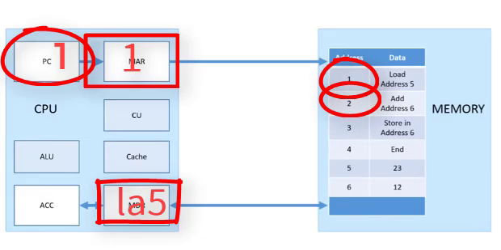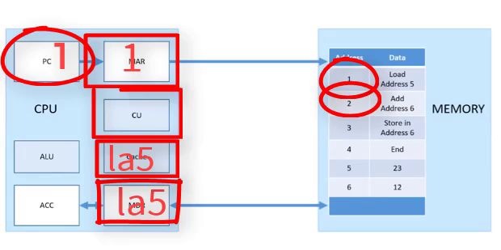Now a copy of what was loaded into the CPU is in the cache. So if it's needed again, we don't have to go back to the main memory in order to load it again. Now the control unit is going to decode this instruction, load 5, and fetch a value from address 5 in the memory.